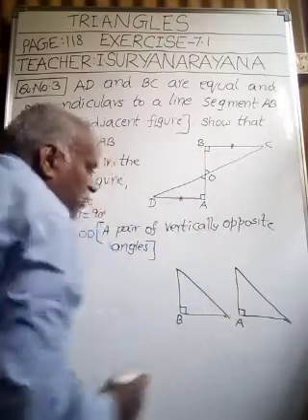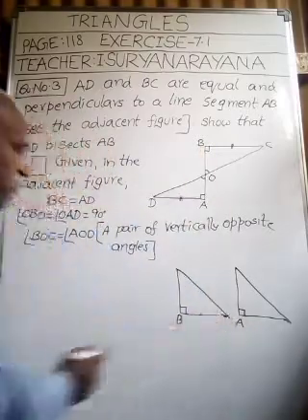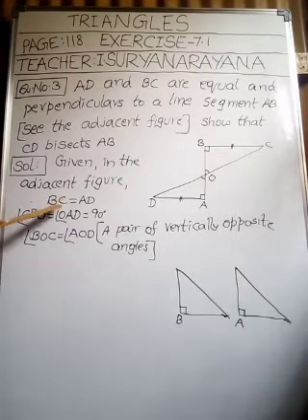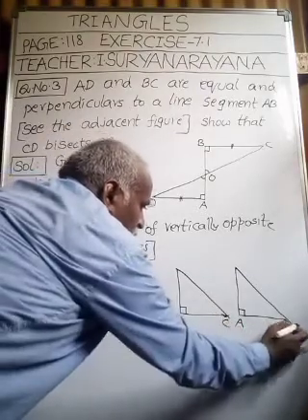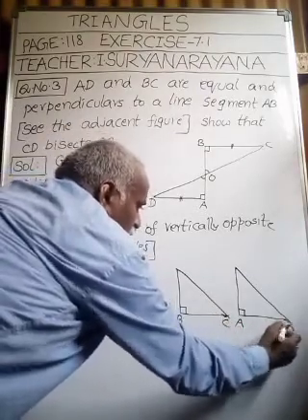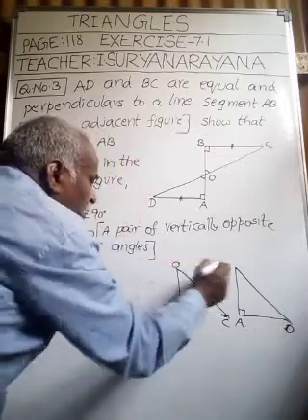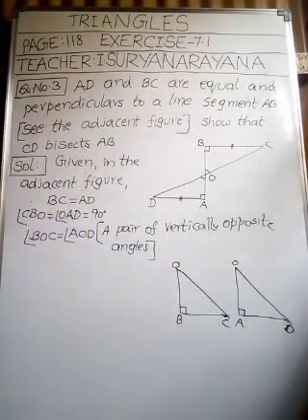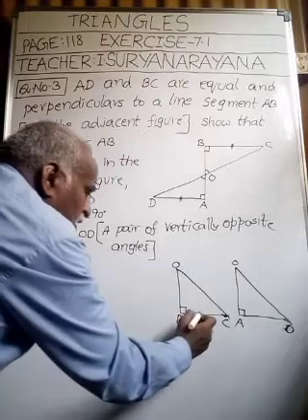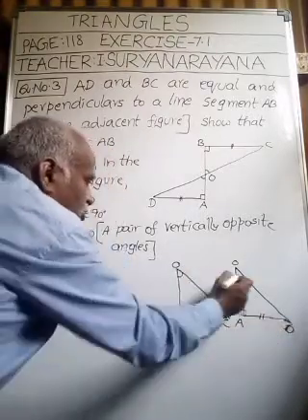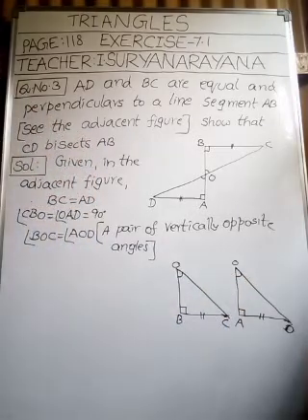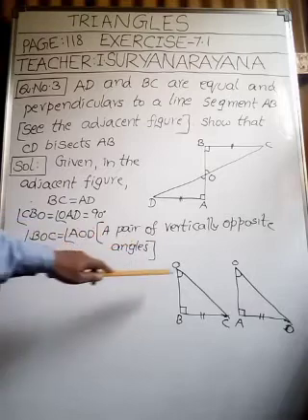Here at A, perpendicular. Isn't it or not, my children? What is given? BC is equal to AD. Here let us take BC is equal to AD. What is the next point? Third vertex is O. So BC is equal to AD, and these two angles are equal. We have proved because they are a pair of vertically opposite angles.